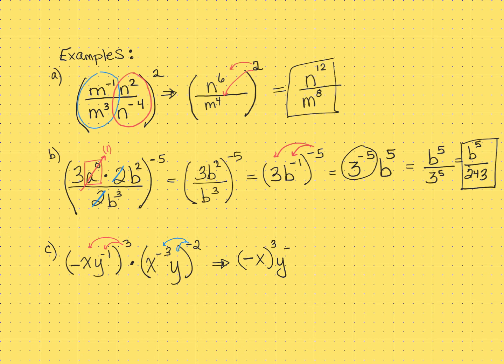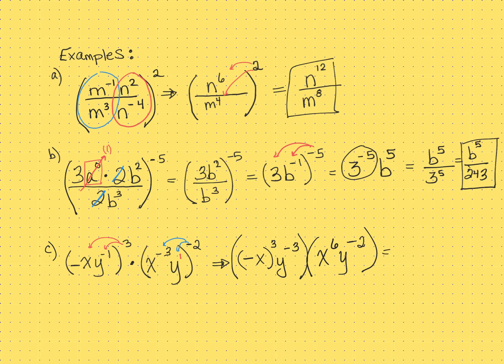So that's going to give us y to the negative 3. So that's our first piece. Our second piece, we're going to raise a power to a power. So negative 3 times negative 2 is positive 6. And y, keep in mind this is a 1, so y to the first raised to the negative 2 is y to the negative 2.